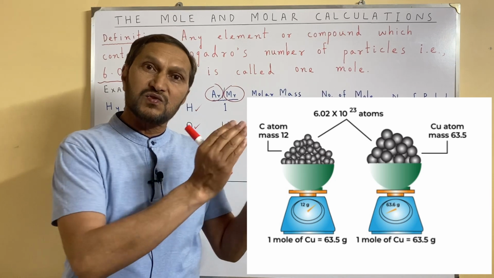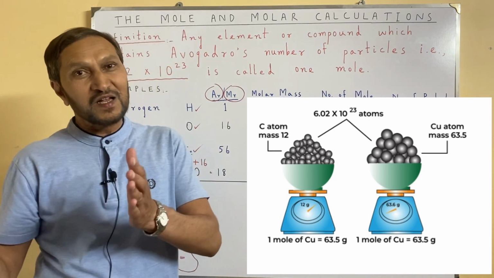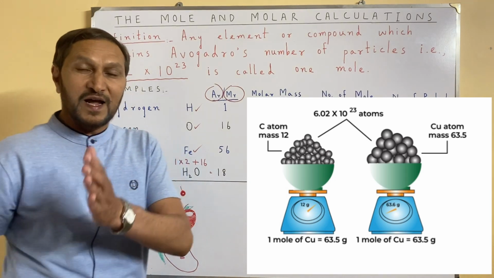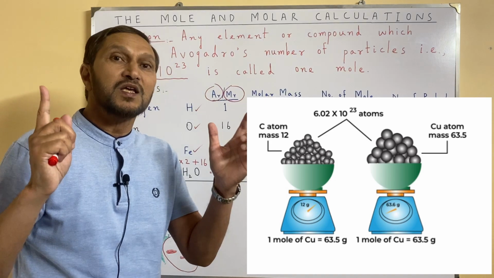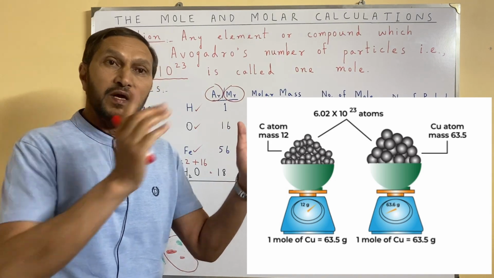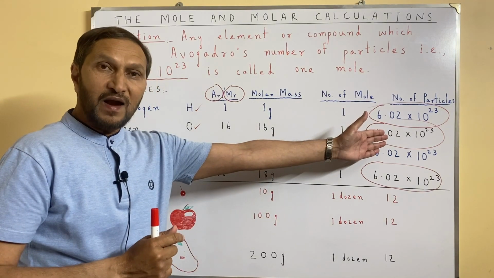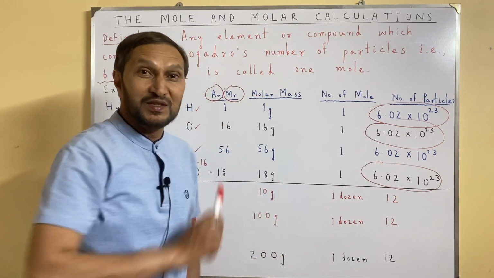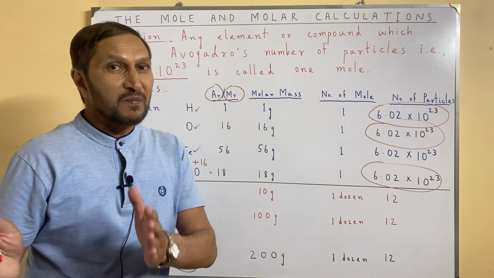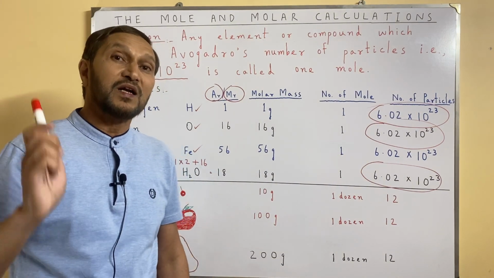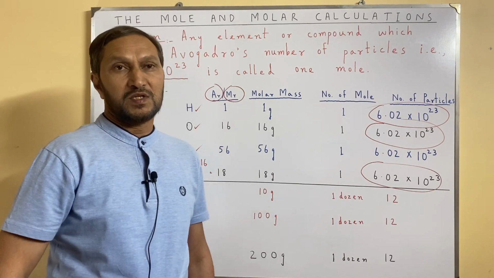If we take 12 grams of carbon on one hand, and 64 grams of copper on the other, both will contain an equal number of atoms. 12 grams of carbon contains Avogadro number of particles, 6.02 × 10^23, and 64 grams of copper also contains 6.02 × 10^23 copper atoms.